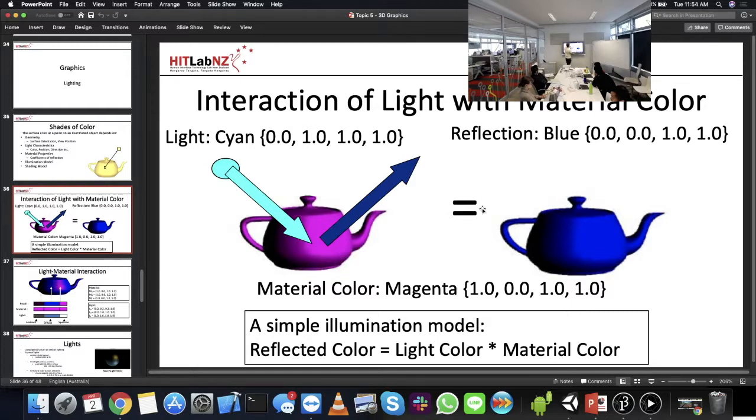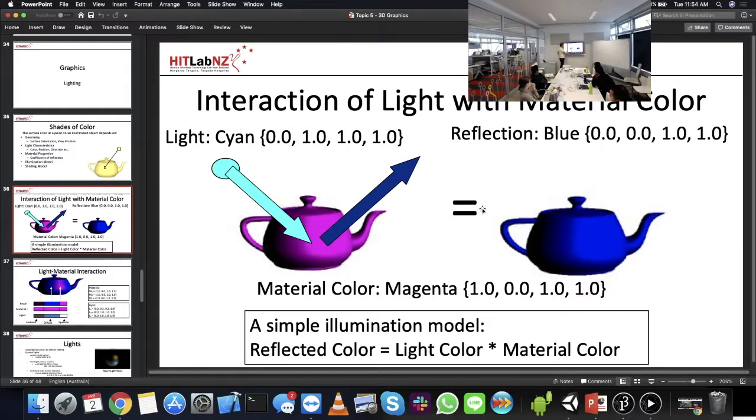The green channel in cyan is 1, the green channel in magenta is 0, so 1 times 0 is 0. The blue channel in cyan is 1, the blue channel in magenta is 1, so 1 times 1 is 1. And the alpha channel is 1, 1, 1. Alpha usually depends on transparency, how transparent it is.